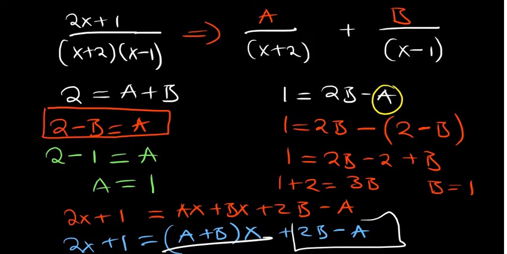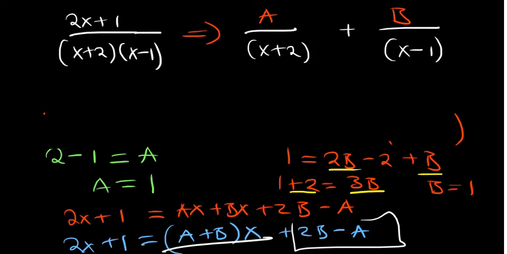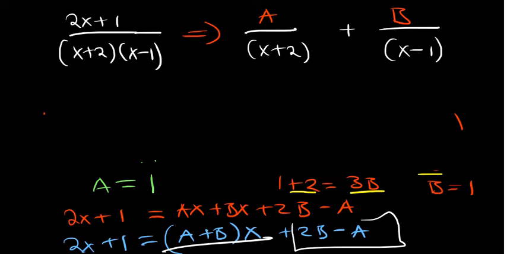Okay, and then 2b plus b gave us 3b, this gave us 3. Okay, so this is basically what we have. A equal to 1, b equal to 1.